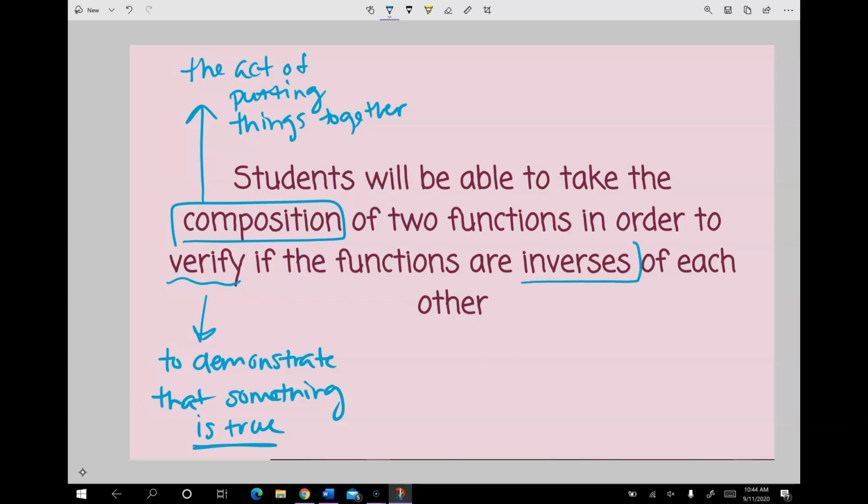And then inverses, that is your Math 3 topic that's coming back at you. Okay, inverse means that you're the opposite or reverse of something, okay? So we are going to put things together to demonstrate that two functions are opposite of each other. That is what we're doing today, okay?